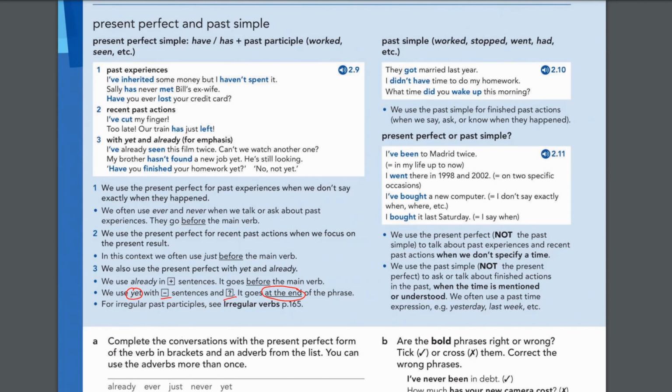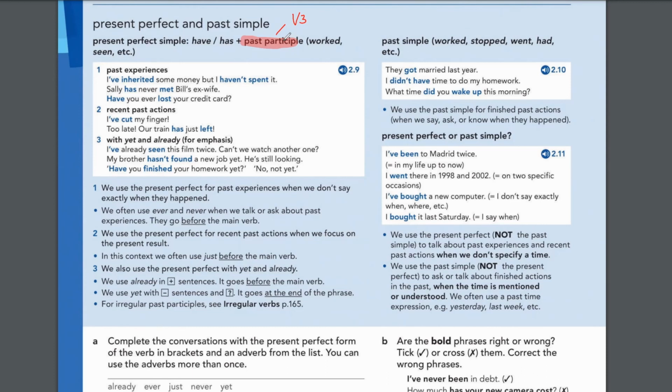Right. Now we talked about the past participle here, and I said this is verb 3, and we have to know what the verb 3 of a verb is. For example, go becomes gone, see becomes seen, eat becomes eaten, right?